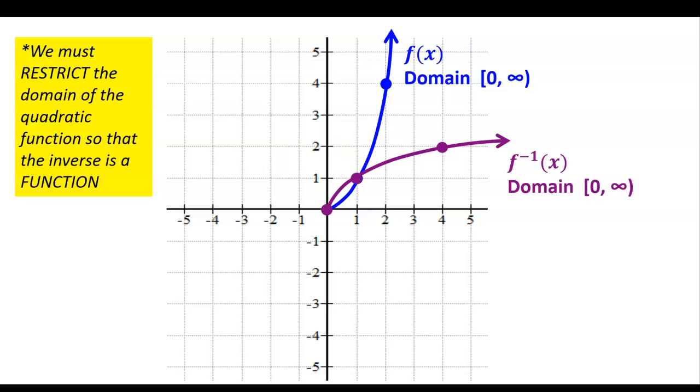If you take those points and you plot the inverse points, you end up getting those purple points. We call it the inverse. That's why it's got a little -1. Now, if you remember from 5.1, inverse functions are symmetrical, or they reflect across the diagonal line y equals x.